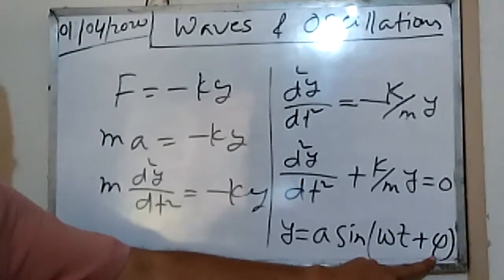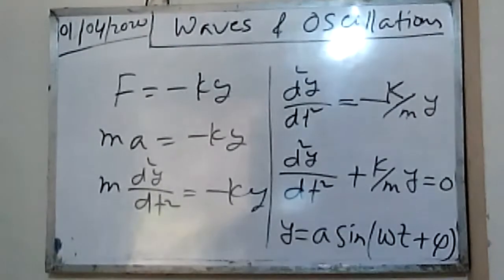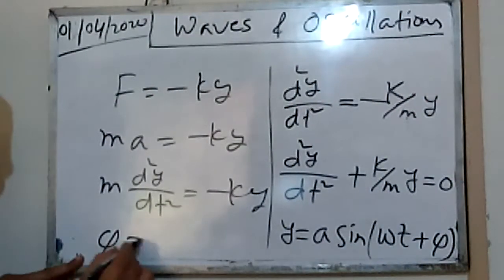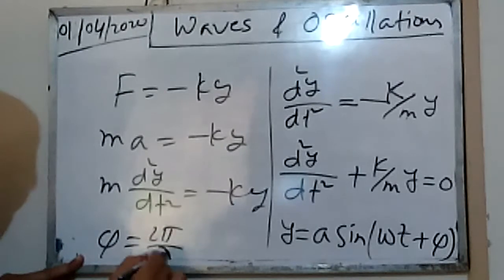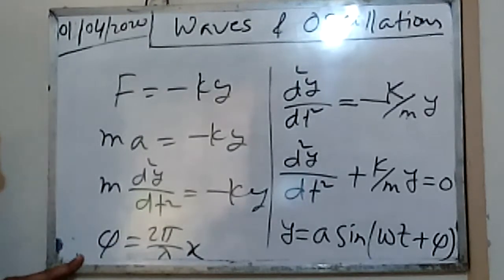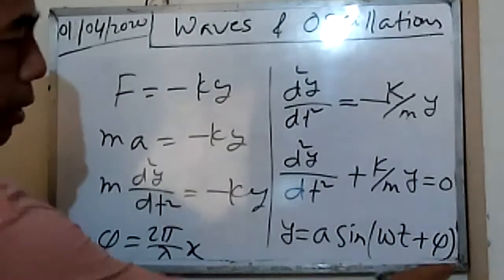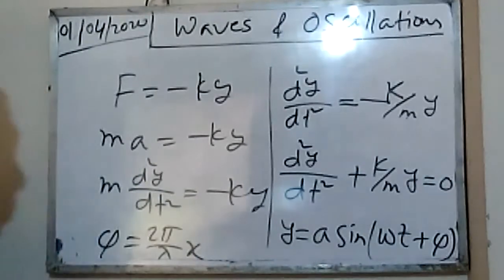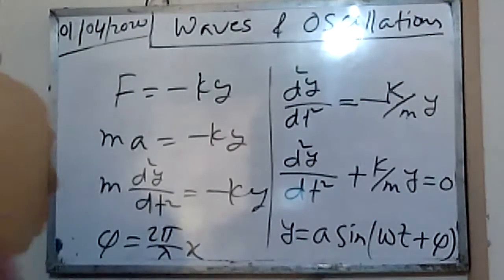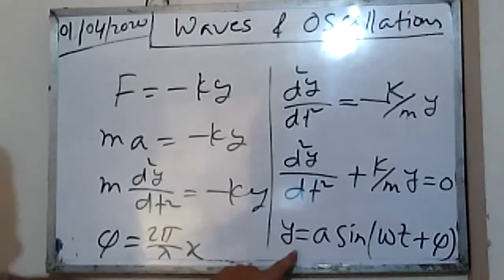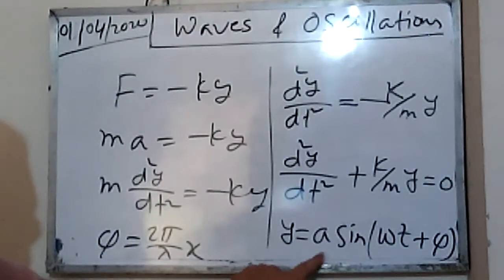Here phi means 2 pi by lambda x. So we know this equation. This is the wave equation, and we also call this the displacement equation, y equal to a sine omega t plus phi.